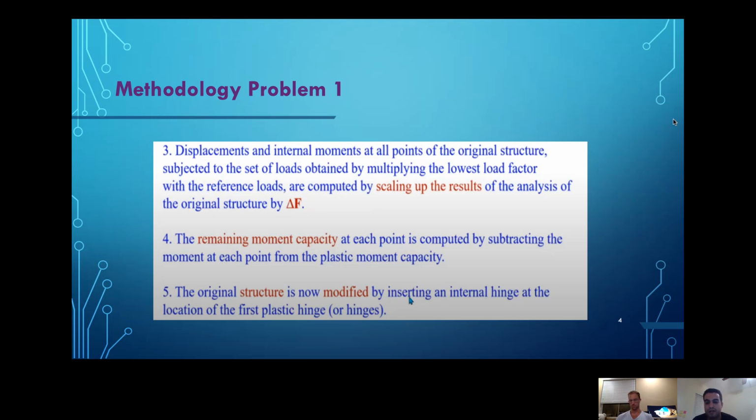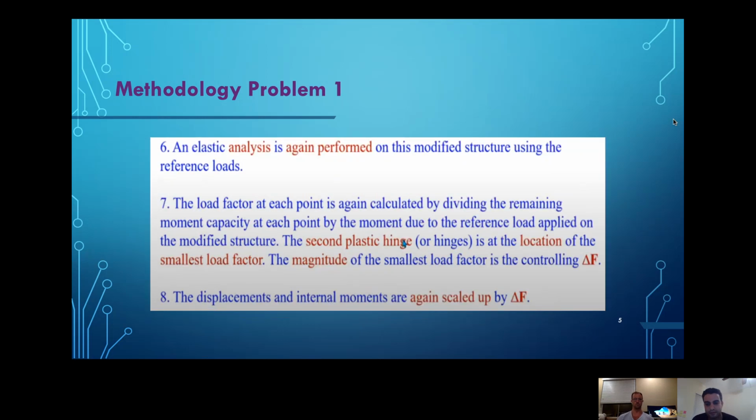Number 4 is the remaining moment capacity at each point is computed by subtracting the moment at each point from the plastic moment capacity. Number 5 is the original structure now modified by inserting an internal hinge at the location of the first plastic hinge. For number 6, an analytic analysis is again performed on this modified structure using the reference load.